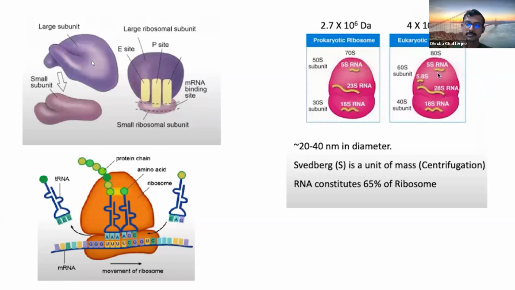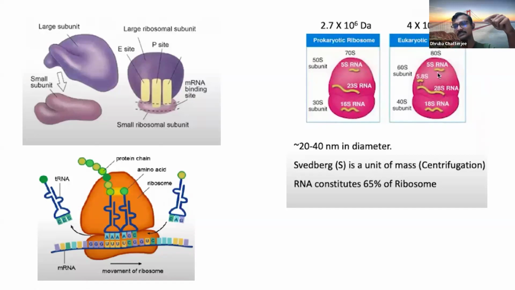So this large subunit is 50S in case of the prokaryotic ribosome and 60S in case of the eukaryotic ribosome. The smaller subunit is 30S in case of the prokaryotic ribosome and 40S in case of the eukaryotic ribosome. However, together, I think you can imagine that this is not a very additive thing, because the sedimentation depends on two opposing things.